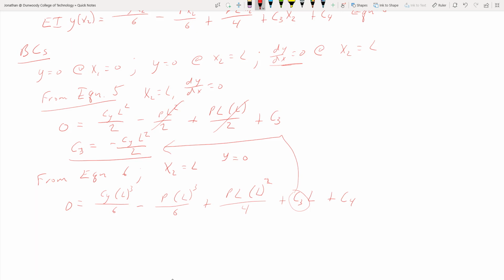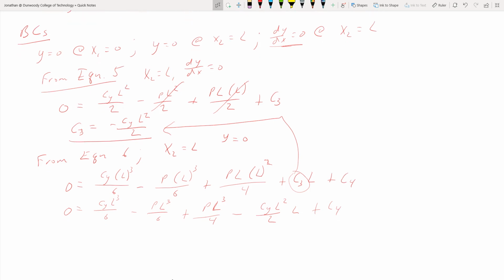So we have 0 equals CyL cubed over 6 minus PL cubed over 6 plus PL cubed over 4 minus CyL squared over 2 times L. Filling that in, multiplying by L plus C4. Alright, so what do we get here? This is a negative CyL cubed over 2.